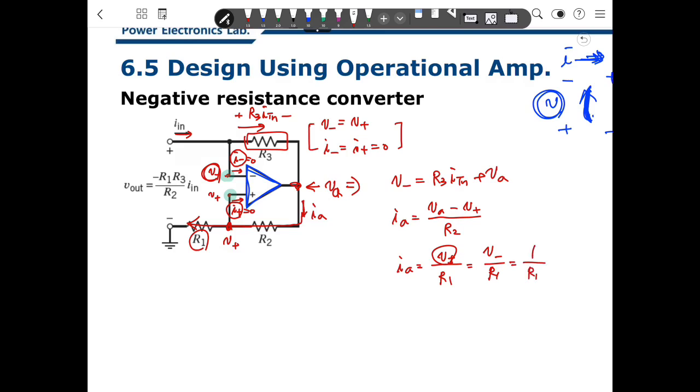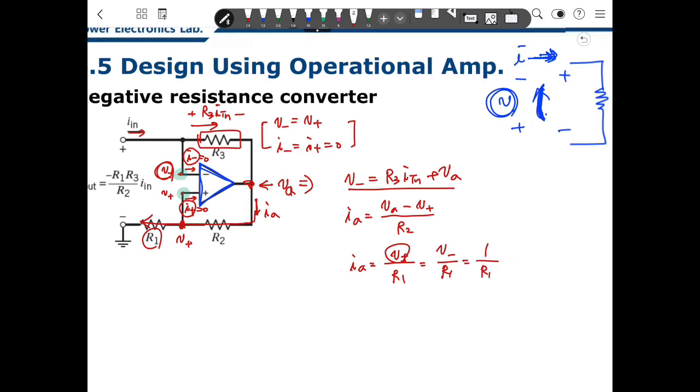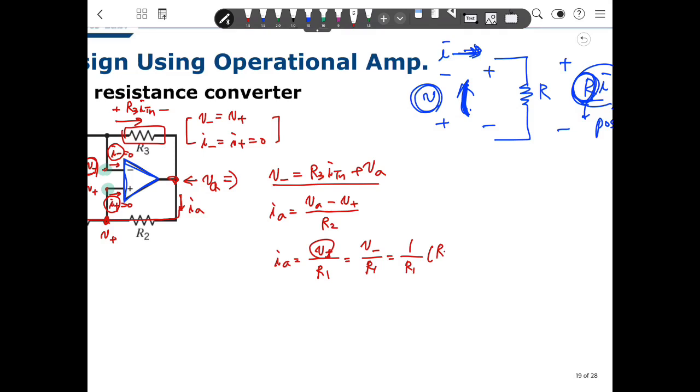Then V negative is here, R3 I_in plus V_A. And here R2 I_A is V_A minus V positive. So V_A is V positive plus R2 I_A in here.